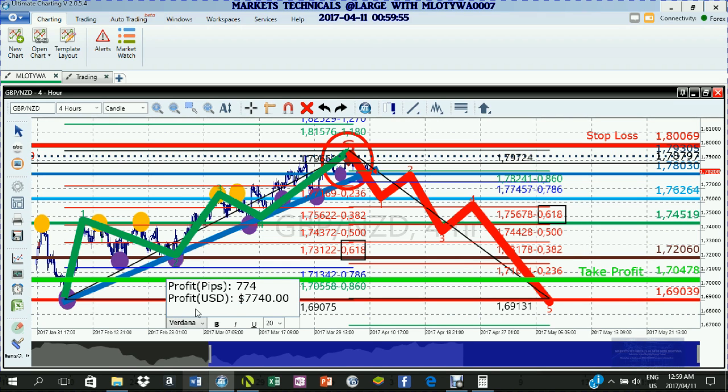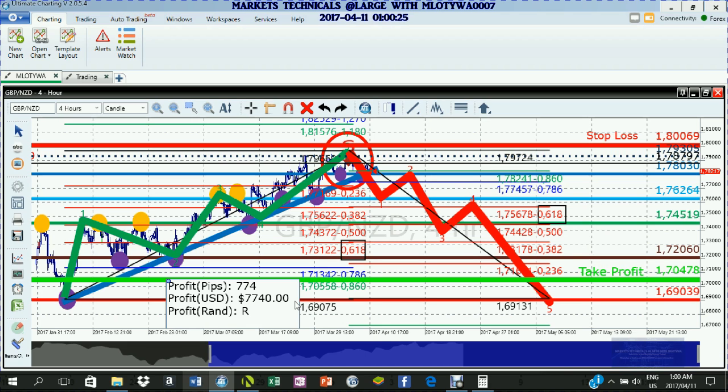Okay, and then we get the profit in rands also. Profit in rands. Our ZAR rands. Our rand now is struggling because of the political situation in South Africa.